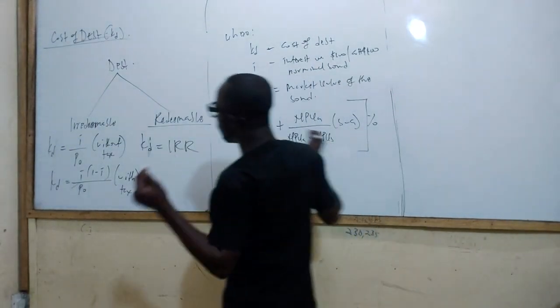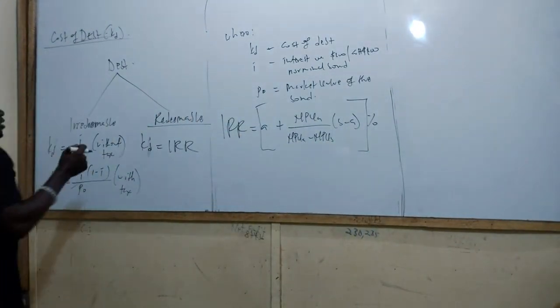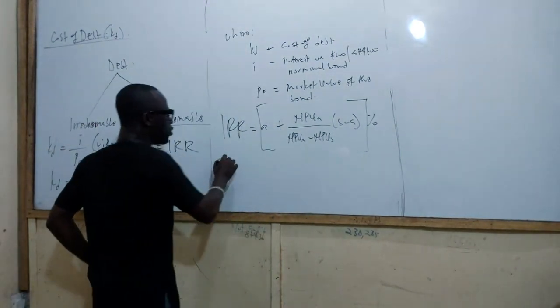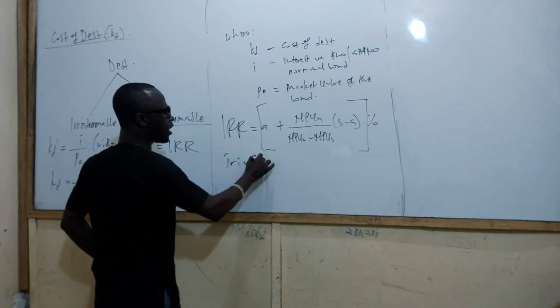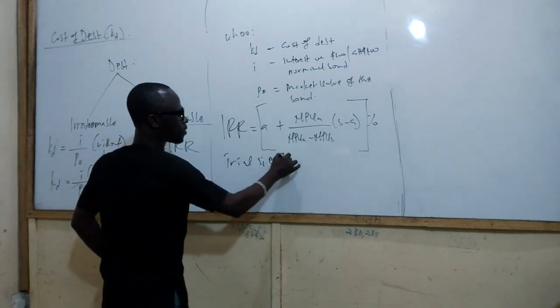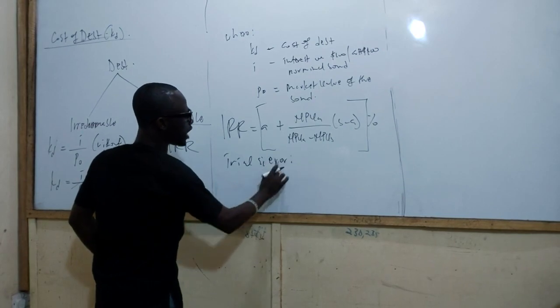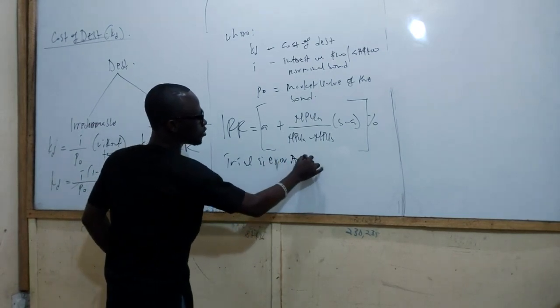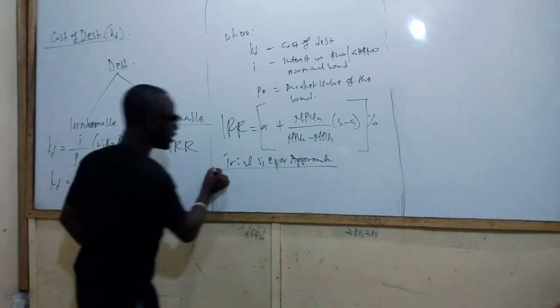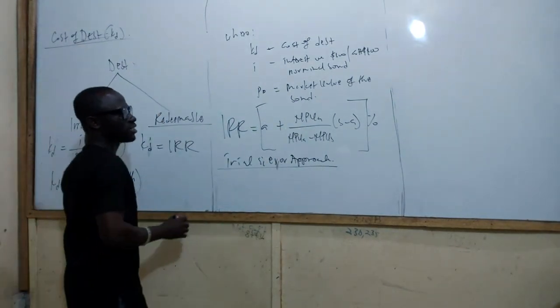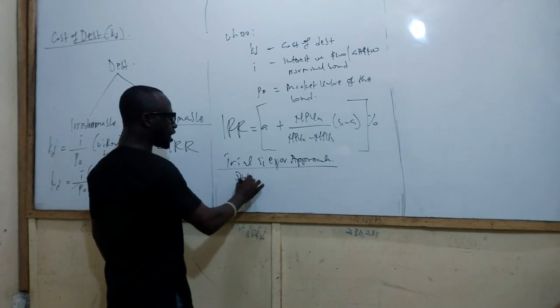Now, what does this mean then? It means that we are going to be doing what I call trial and error. We're going to do the trial and error approach here. When you hear of NPV, it means that you are going to be calculating the present value.